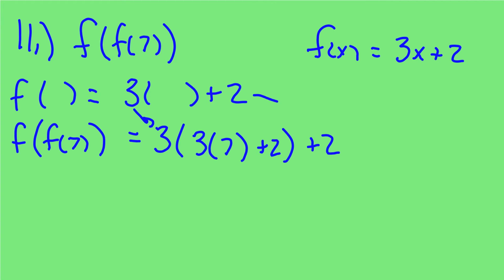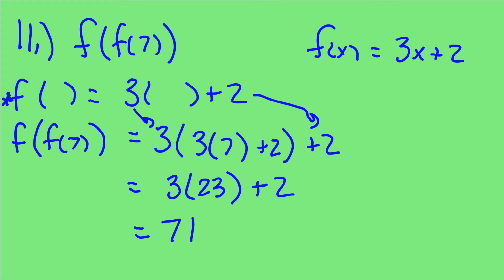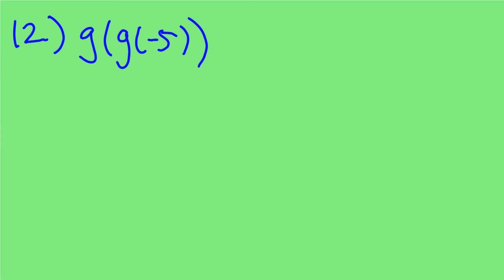Notice that's why I like that I leave this line here so I can make sure I didn't forget anything. Now 3 times 7 is 21 plus 2, so I get 3 times 23 plus 2. 3 times 23 is 69 plus 2 is 71. So f of f of 7 equals 71. And that's it.